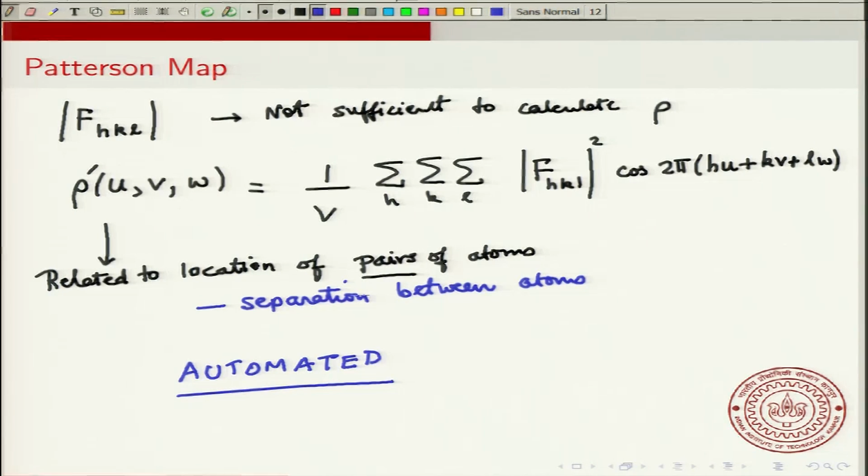The single crystal XRD instruments have either the Patterson map or the electron density map, which can be calculated automatically. So all you do is you put your sample in, record the spectrum, and send it for analysis. The spectrum is analyzed by the instrumental software, and then you get the entire electron density map at the end of it.